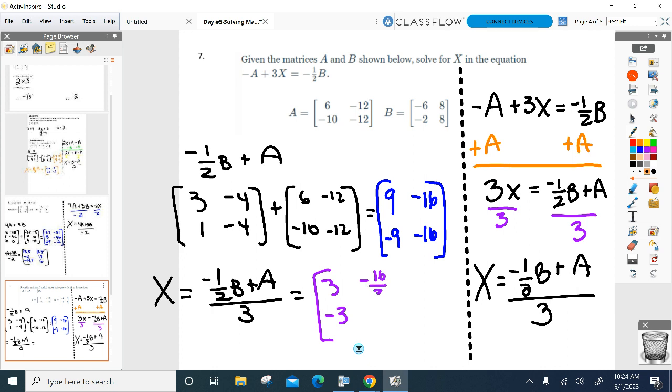And this is one at the end here. I'd prefer you leaving it as a fraction instead of writing the repeating decimal when you get there.